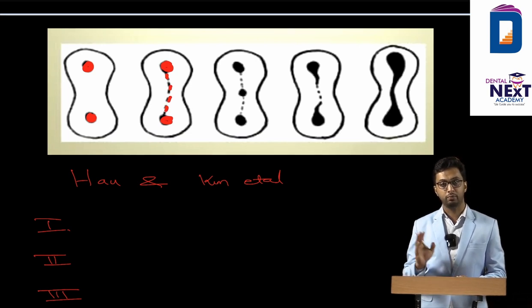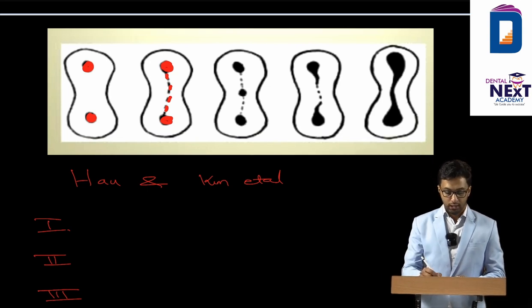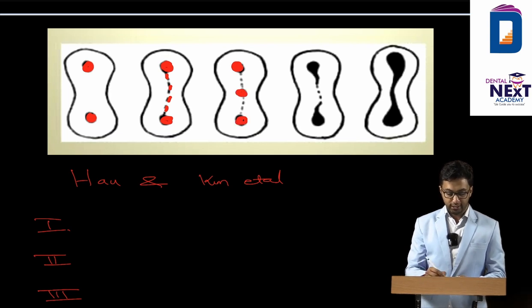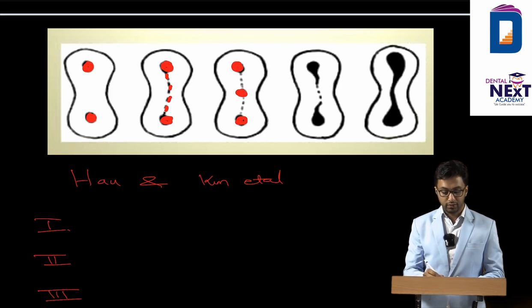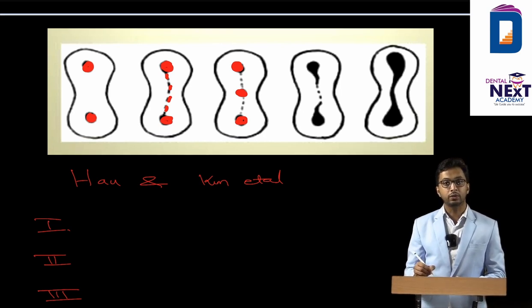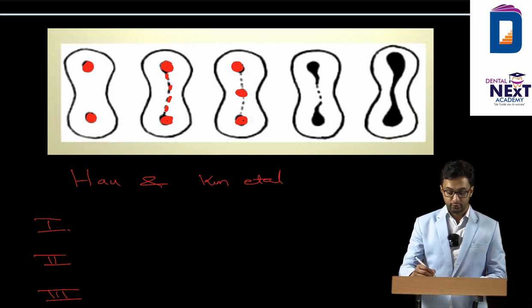True communication will come later on. Type 3 is easy, 3 canals with communication between them. So type 1 is 2 or 3 canals with no communication, type 2 is 2 canals with communication, and type 3 is 3 canals with communication.